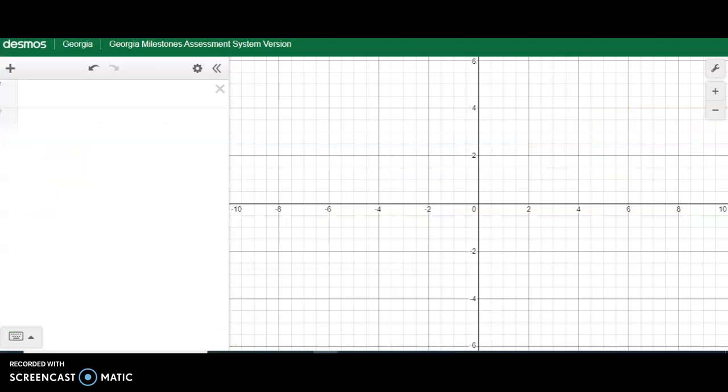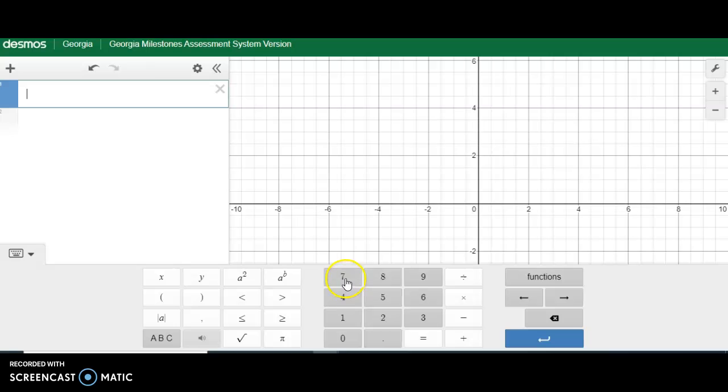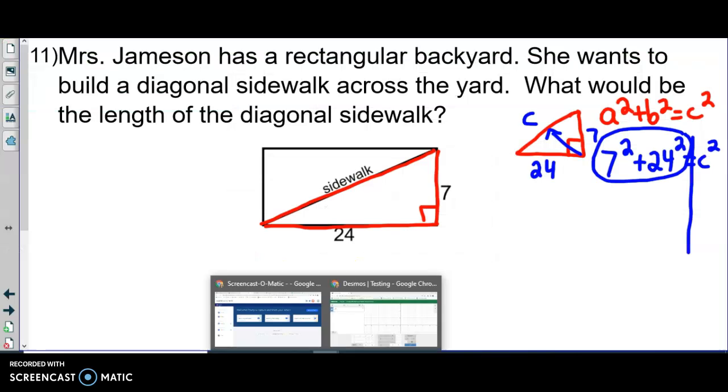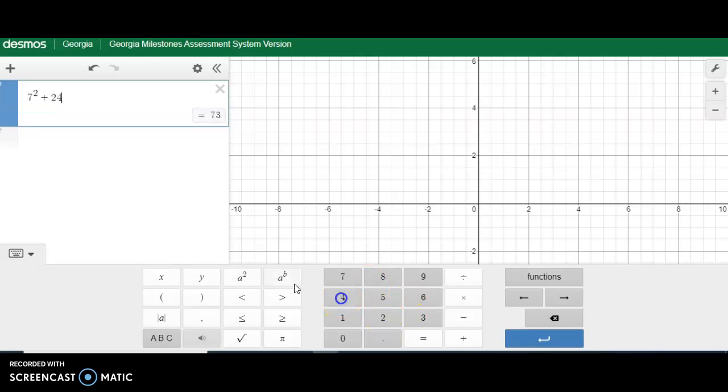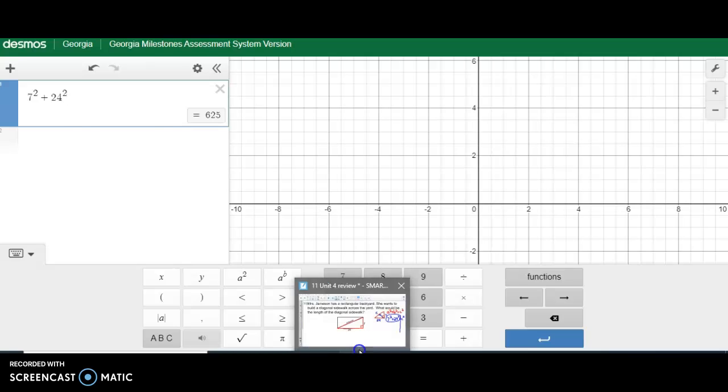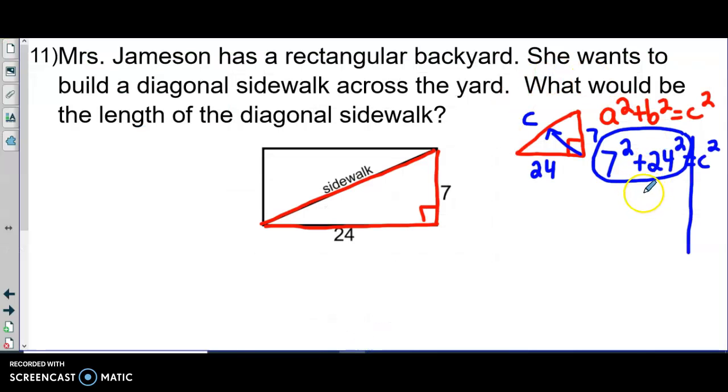So I would do 7 squared plus 24 squared, and that tells me that that whole side equals 625. So all of this equals 625, and I'm just going to bring down my c squared.